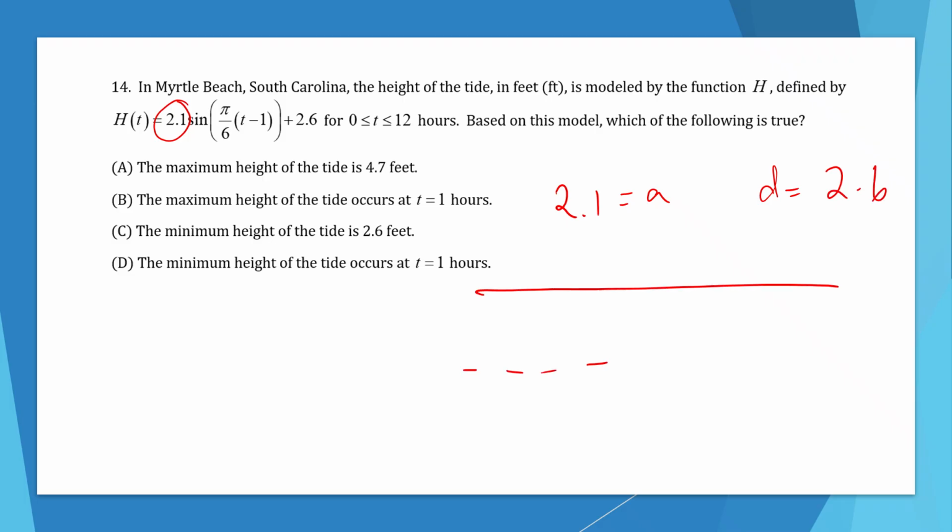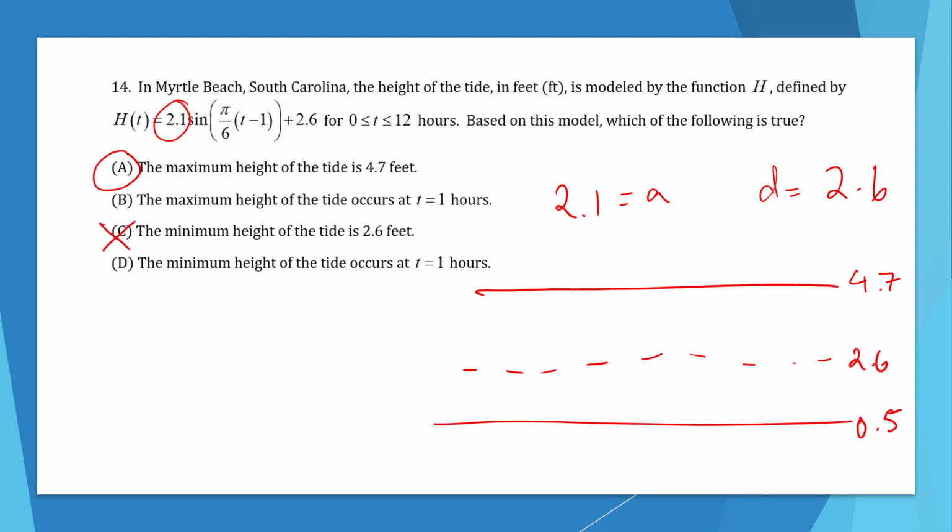So if you sketch this, which is what I would recommend, your midline is going to be 2.6, and then going 2.1 above, our max should be 4.7, and our min should be 0.5. Let's take a look at some of our option choices and see which one is true. The maximum height is at 4.7. That is true, so we can just end there. But let's work through the rest of these. The minimum height is 2.6.